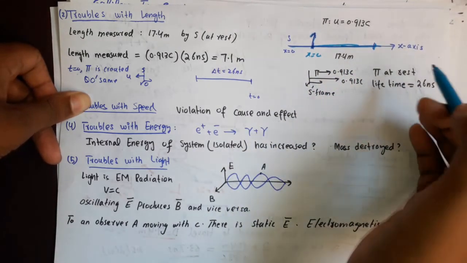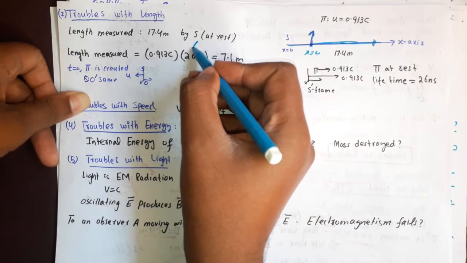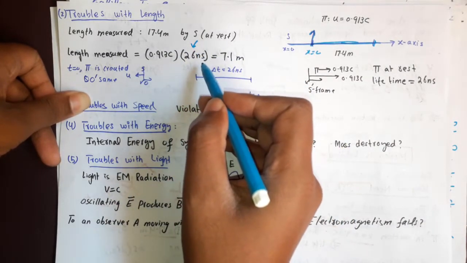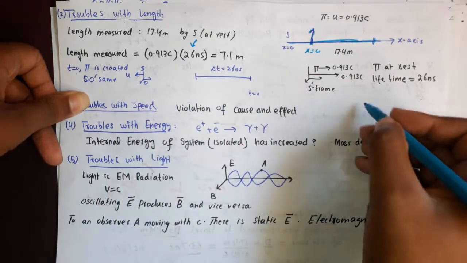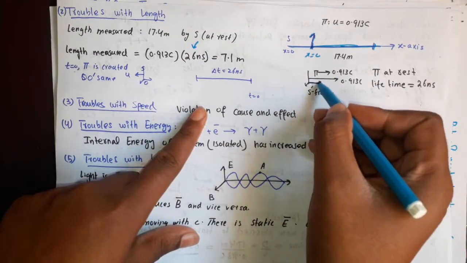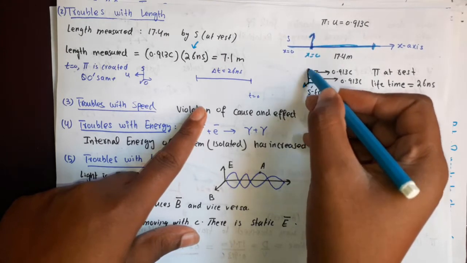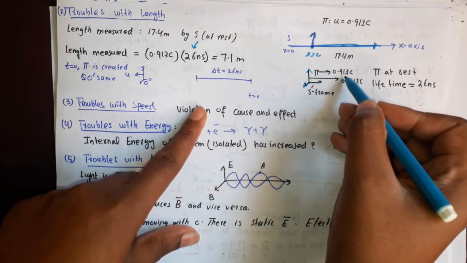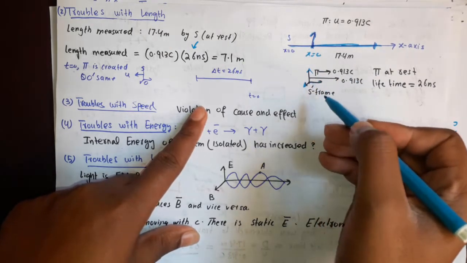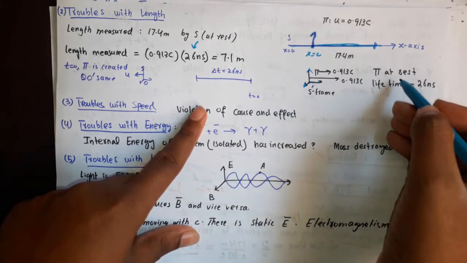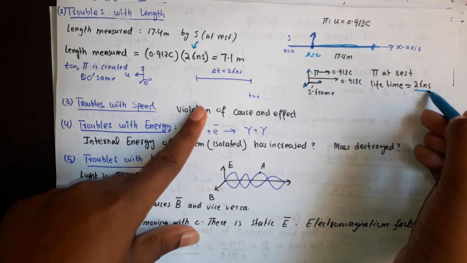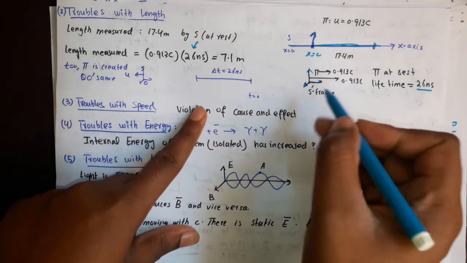Obviously it was done, but we also know that when the pion is created at rest, it has a 26 nanosecond lifetime. So if we have a frame, let's say S prime, which is also moving with the same speed as the pion, the pion will appear at rest. So if the pion is at rest in this particular frame, it has a lifetime of 26 nanoseconds.